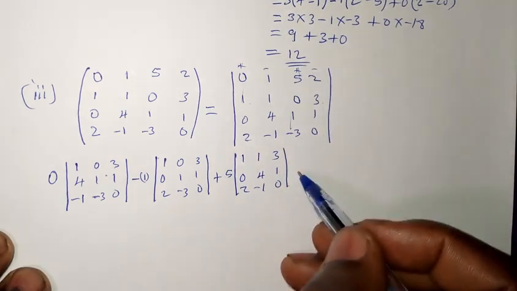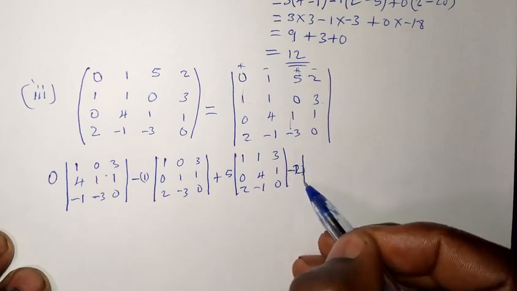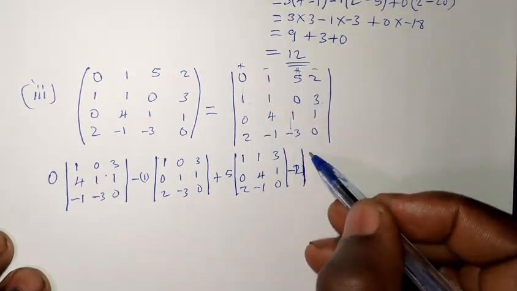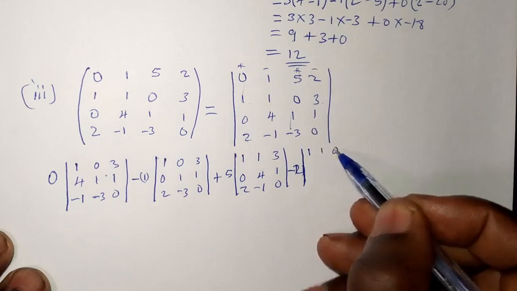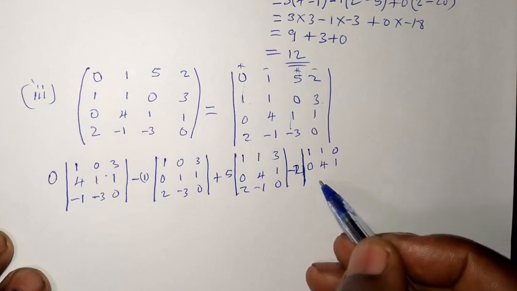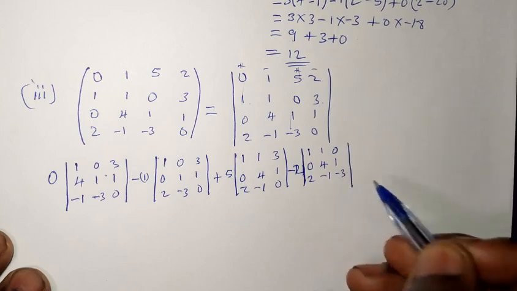Finally, we are taking minus 2, which is the last one. We kick out this column, kick out this row, so that we are left with 1, 1, 0, 0, 4, 1, and then 2, minus 1, minus 3.